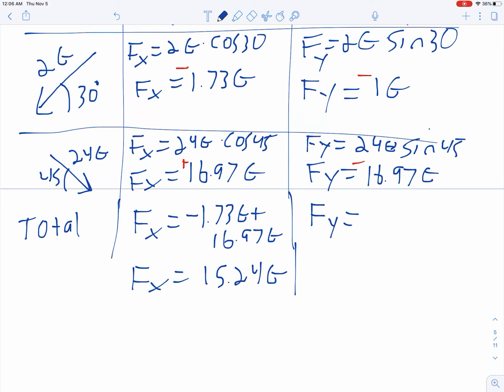And I'm going to do the same thing for my y. I have negative 1g minus 16.97g. So my y is negative 17.97g.